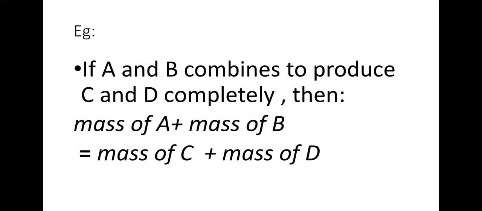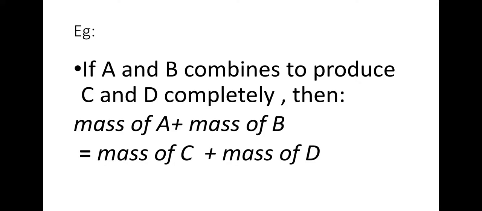Now when you allow A and B to react, you must have taken some weight of these 2 reactants. So after the reaction, when C and D are formed, you can measure the weight of these products. Now the thing is, mass of A plus mass of B, which is the combined mass of the reactants, is equal to mass of C plus mass of D, which is the combined mass of the products.